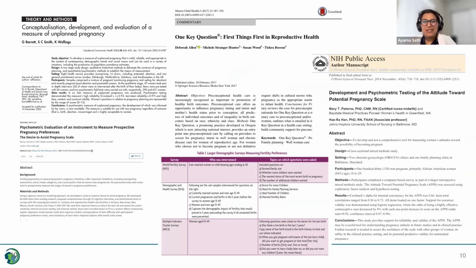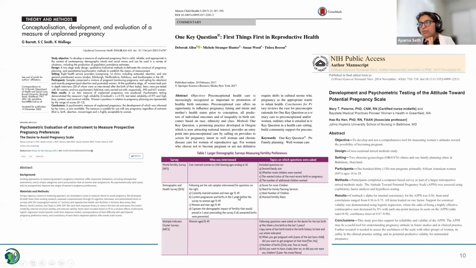Not going into details on each of those, but starting with the snapshot here on the left, there is a scale called the London Measure of Unplanned Pregnancy, followed by the Desire to Avoid Pregnancy scale, in the left bottom corner. In the middle, there is another survey, which is One Key Question.